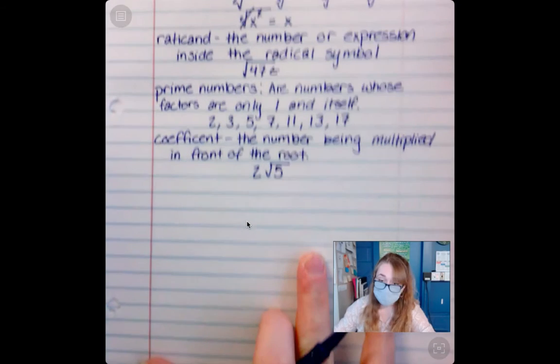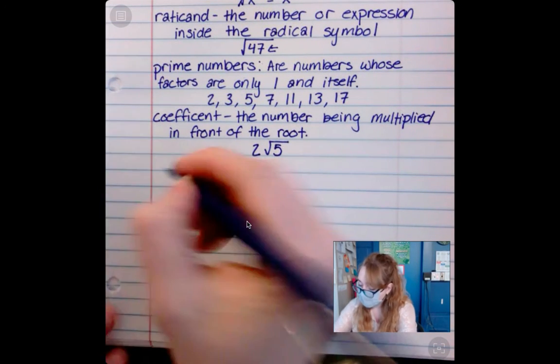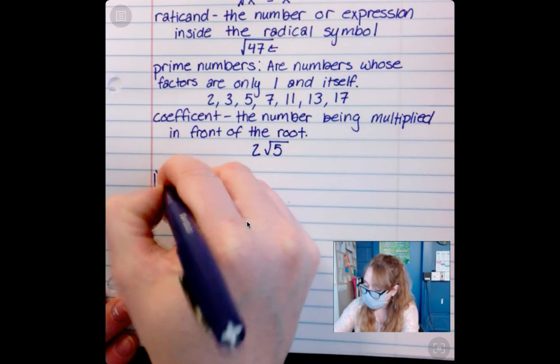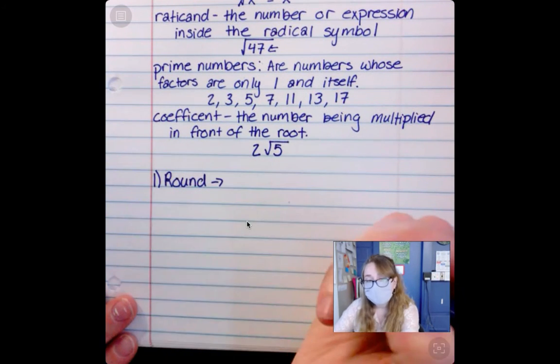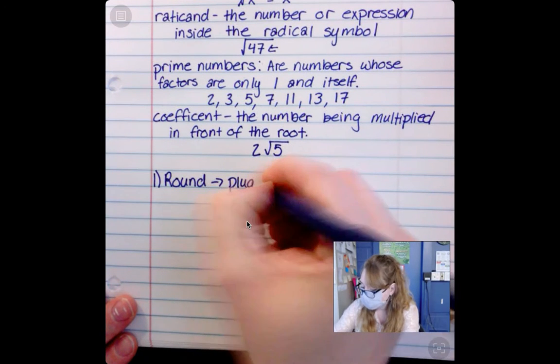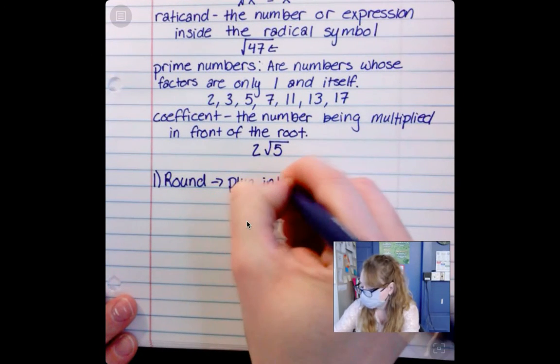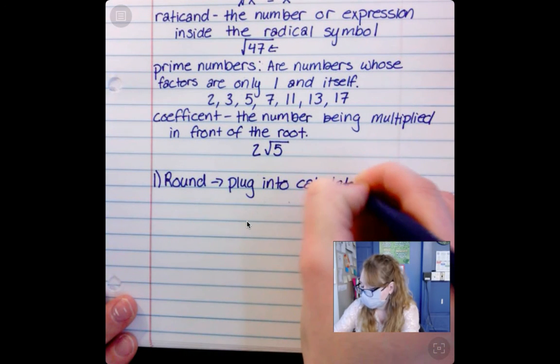All right, so there are 2 ways that we are going to solve our square roots here. The first way is when the directions say to round. When the directions say to round, then I want you to simply just plug the number into a calculator. Okay?